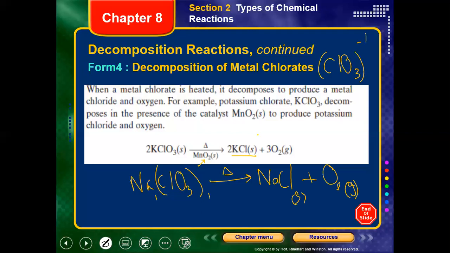You know that there are many types of salts; table salt, NaCl, is an example. So decomposition of metal chlorates gives metal chloride and oxygen. As mentioned here, when a metal chlorate is heated, it decomposes to produce a metal chloride and oxygen gas, using a catalyst to speed up the reaction.